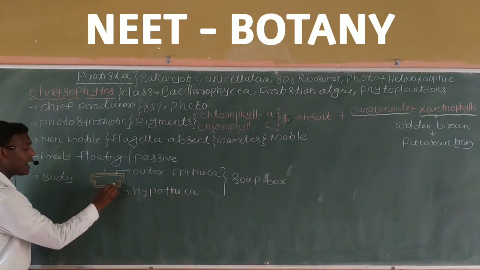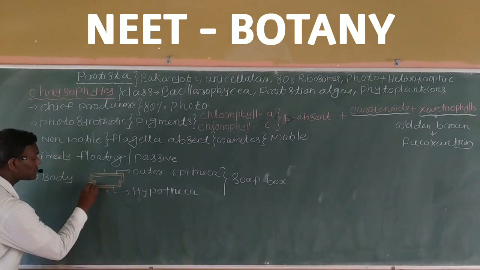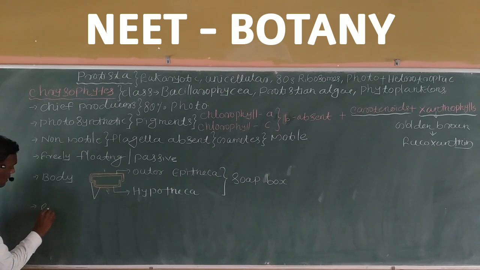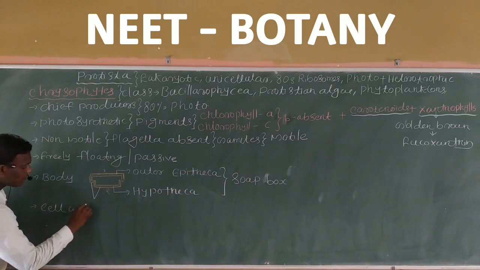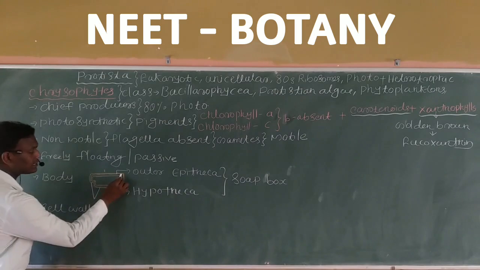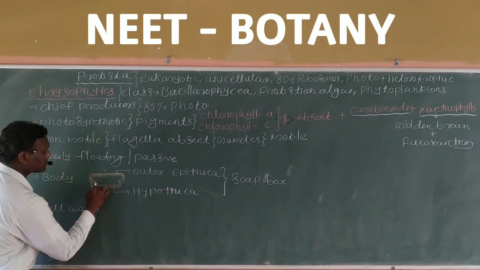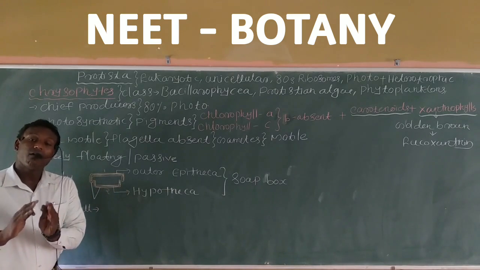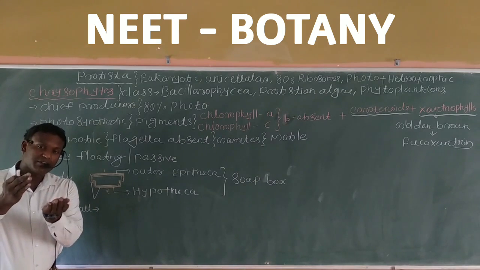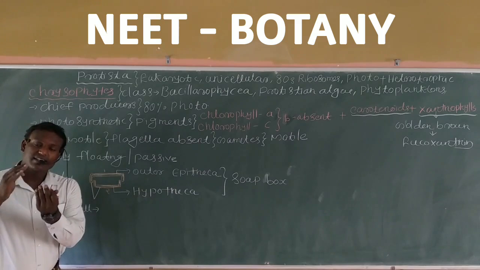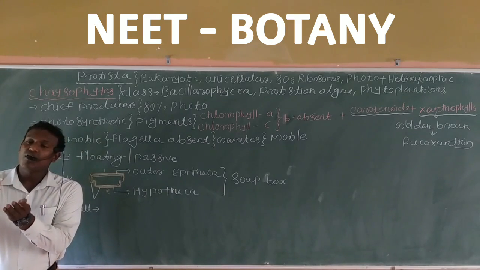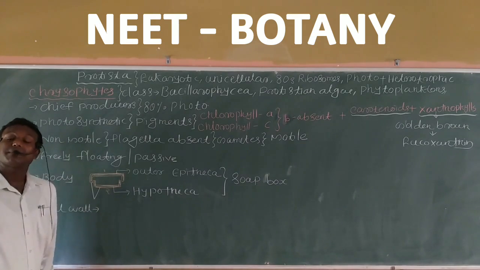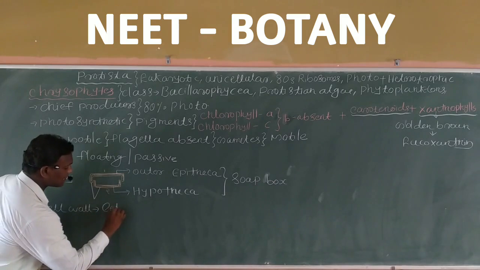These epitheca and hypotheca are made up of a cell wall. The cell wall is arranged in the form of two thin overlapping shells.